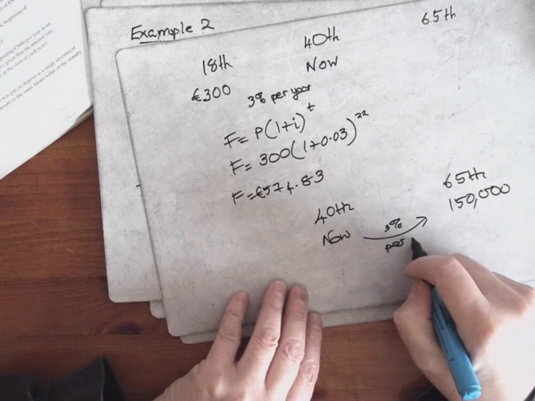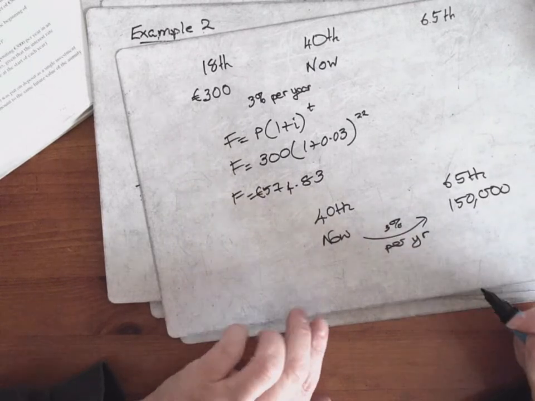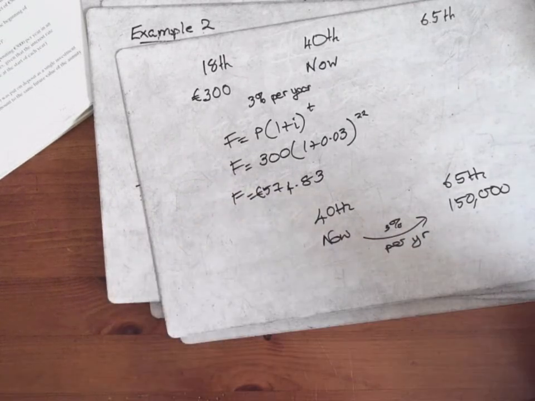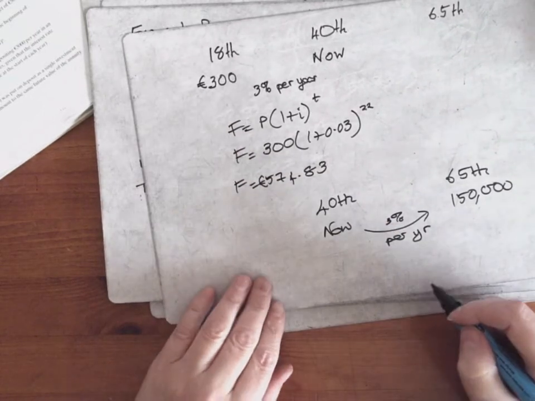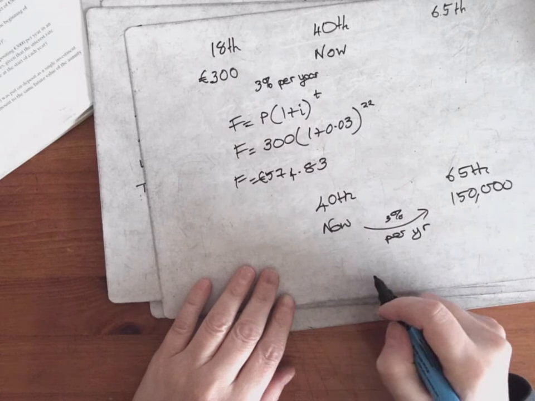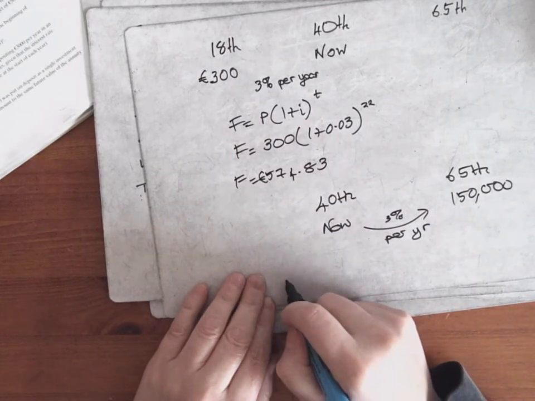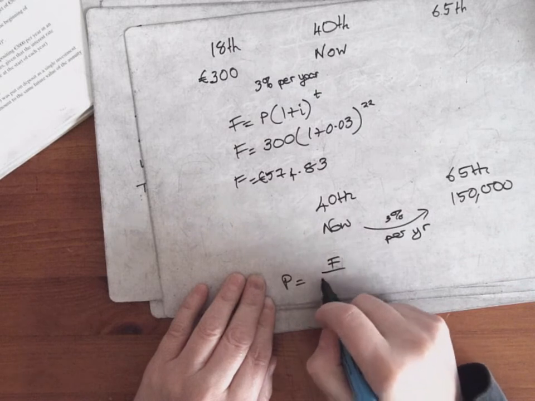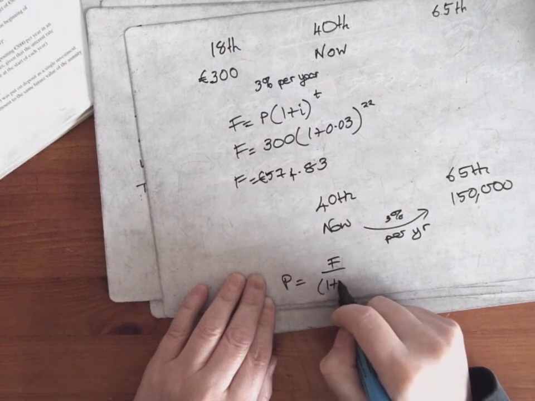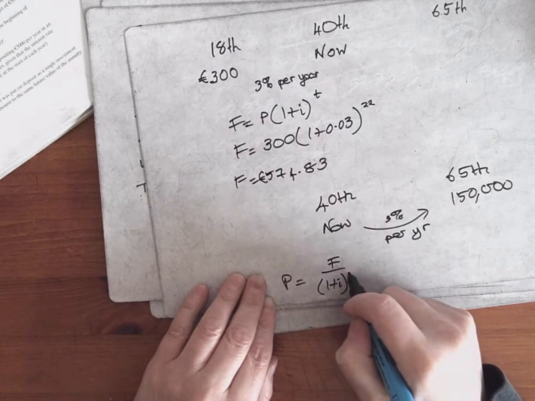So they want to know the present value of that 150,000, in this year's money. So that means the present value is equal to, it's the second formula in your book, the amount divided by 1 plus i all to the power of time.